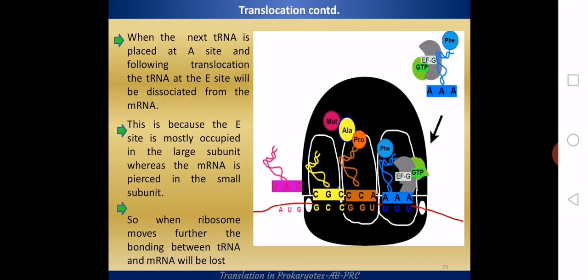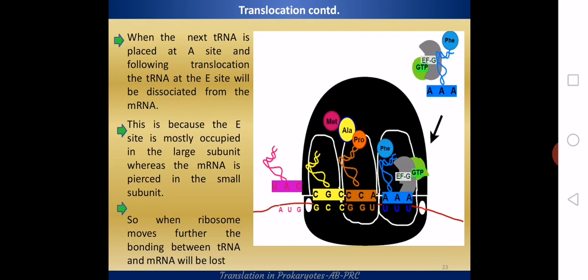So when the tRNA is pushed from the A site by the incoming aminoacyl tRNA, the tRNA has to move in the opposite direction. But during the movement, the bond between the tRNA's anticodon and the mRNA's codon will be cut, will be lost, and that causes release of the deacylated tRNA from the E site, to be excised out of the complex.